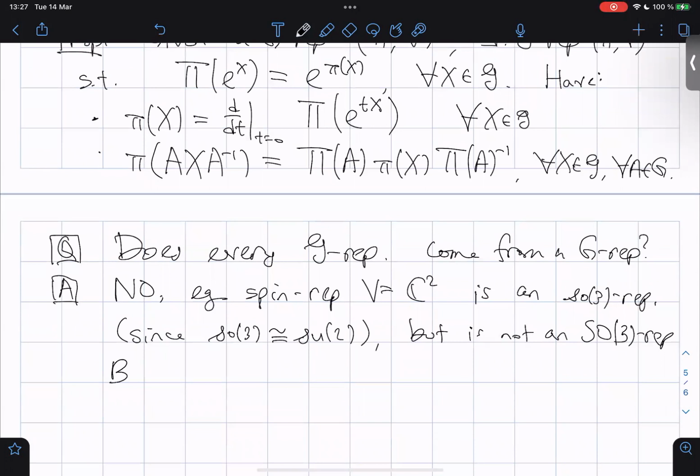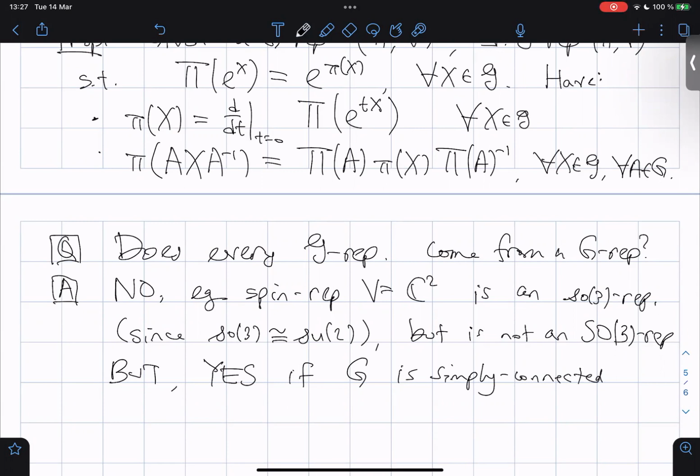One thing you do get, if you have some nice topological conditions, in particular, if G is connected, simply connected, then everything's okay.